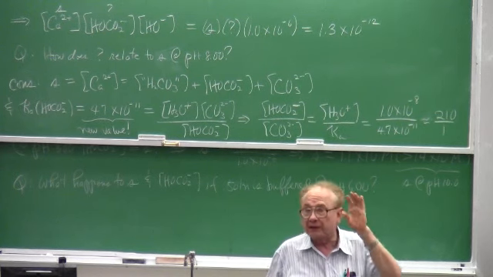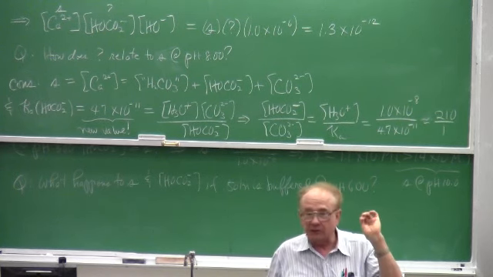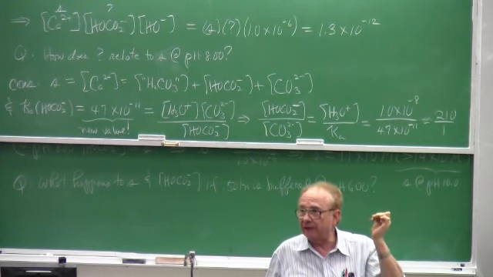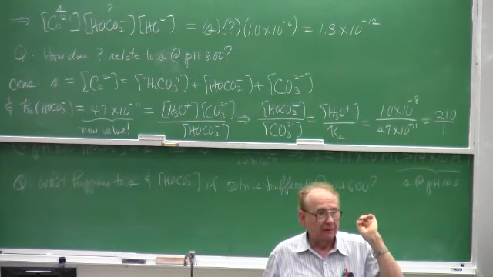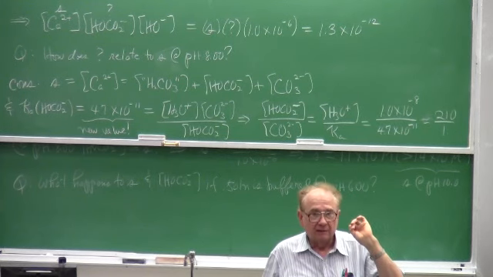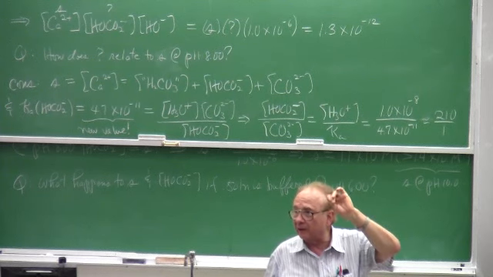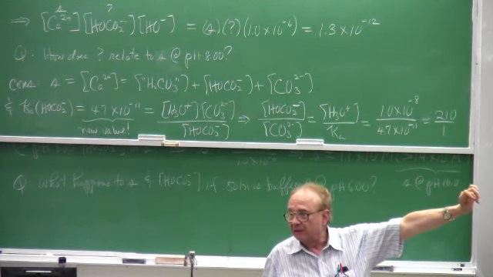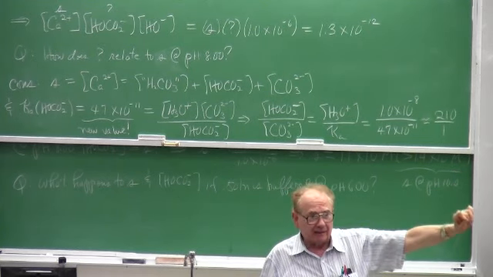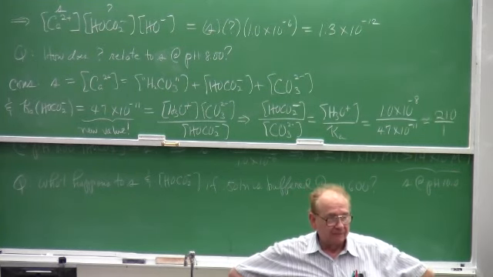Now then, if I want to relate hydrogen carbonate molarity at equilibrium as a function of pH to hydrated CO2, what can I use? Can I use Ka for hydrated CO2? Because hydrated CO2 reacts with water, makes hydronium ion and hydrogen carbonate ion. Of course I can use that.